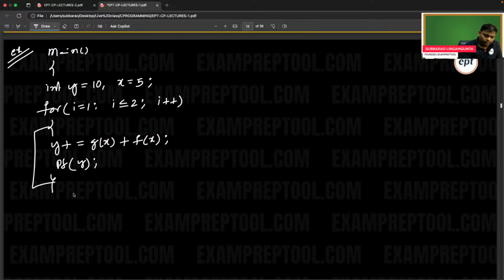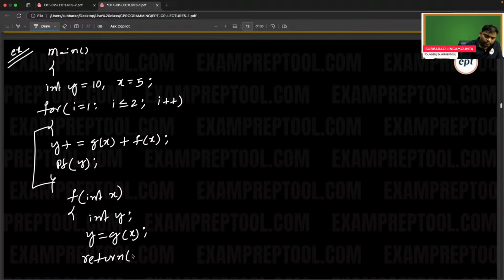Next one, f(int x) { int y; y = g(x); return x + y; }. Let's go to the g function also.